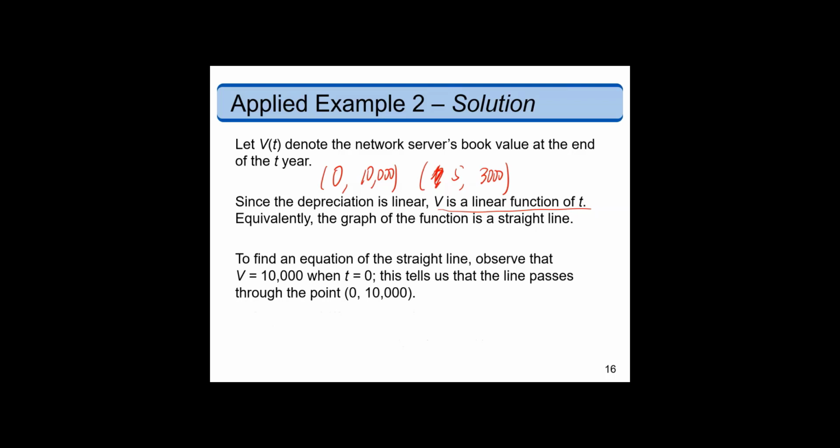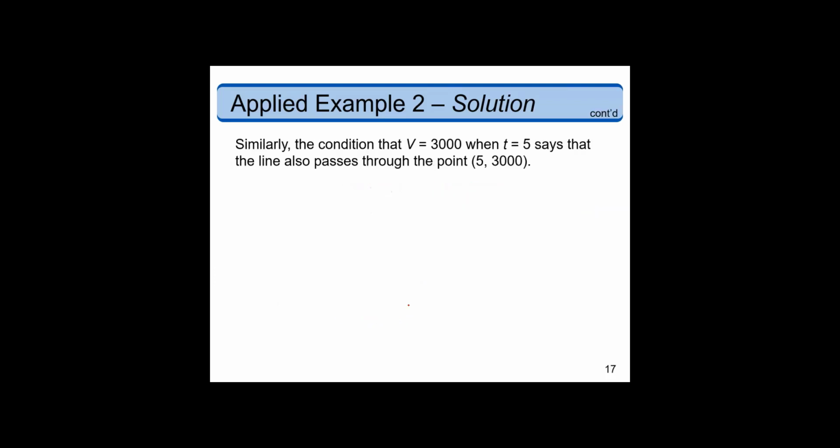To find the equation of the straight line, observe that V equals $10,000 when time equals 0. So you get the ordered pair (0, 10,000). The second condition is when time t equals 5, the value of the machine equals $3,000. You get a second ordered pair, (5, 3,000). From there, we can come up with the slope.